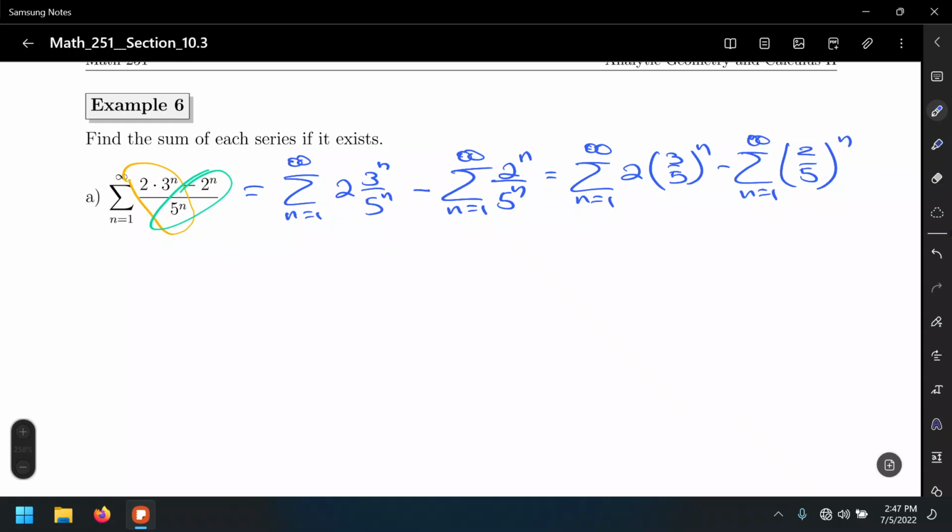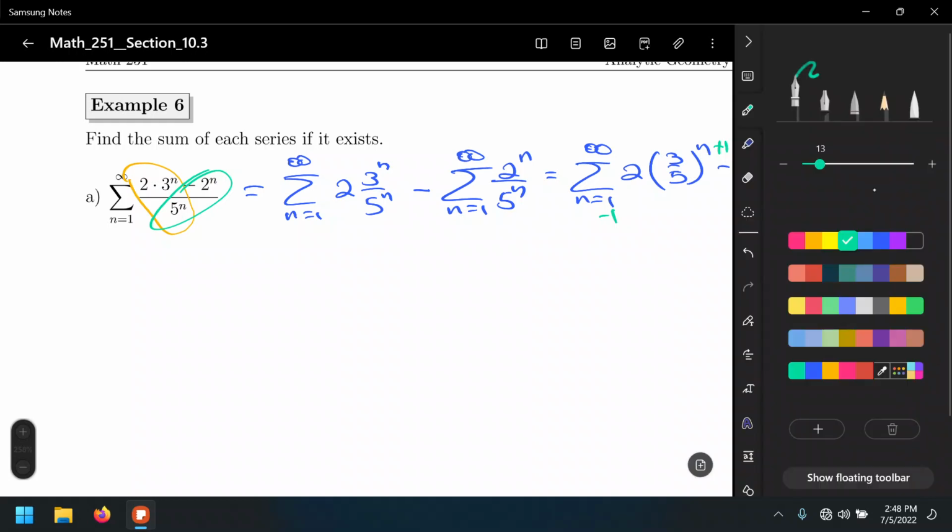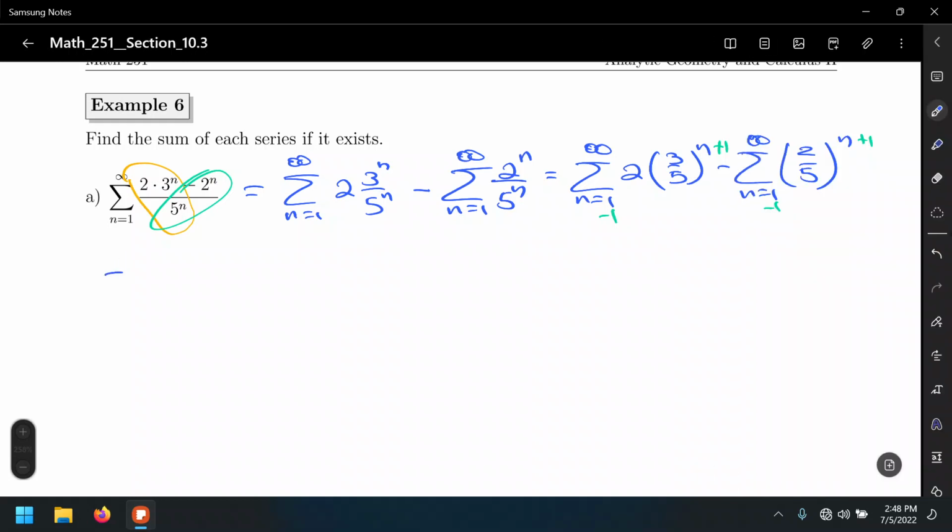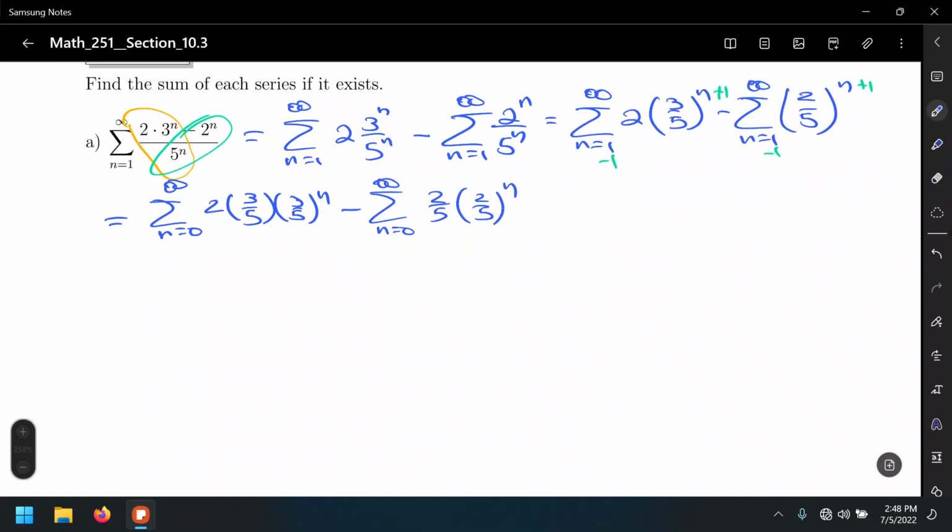So let's go ahead and shift the index: minus 1 plus 1, minus 1 plus 1. That gives us sigma n equals 0 to infinity of 2 times 3/5 times (3/5) to the n, minus sigma n equals 0 to infinity of 2/5 times (2/5) to the n.